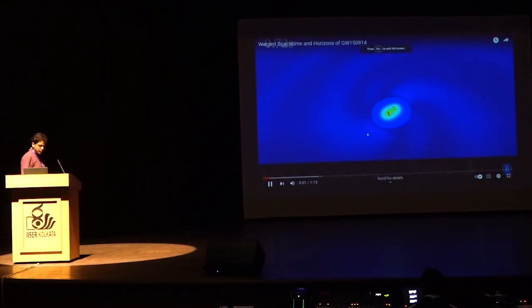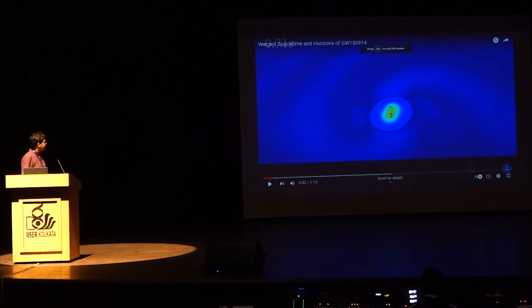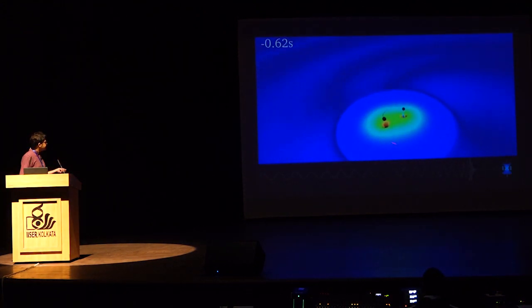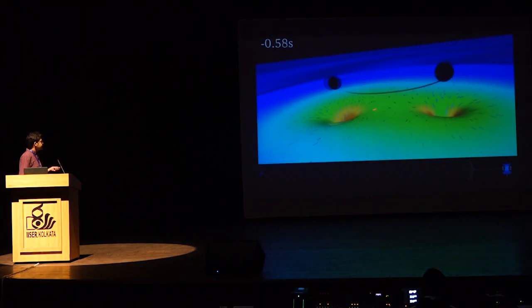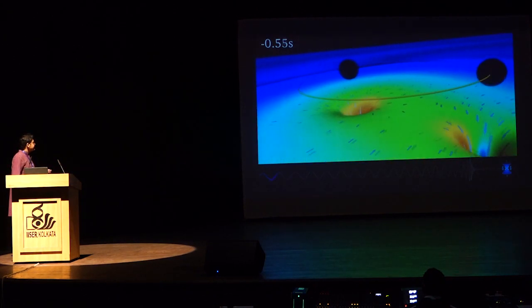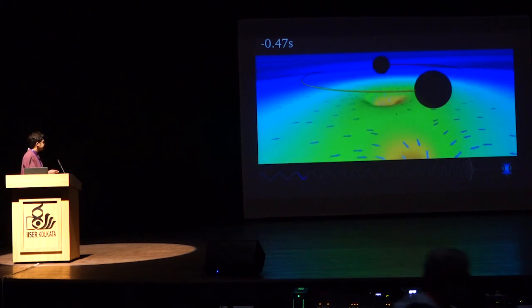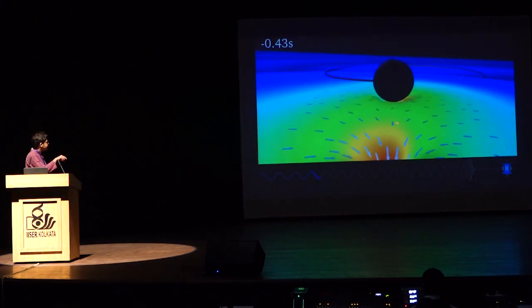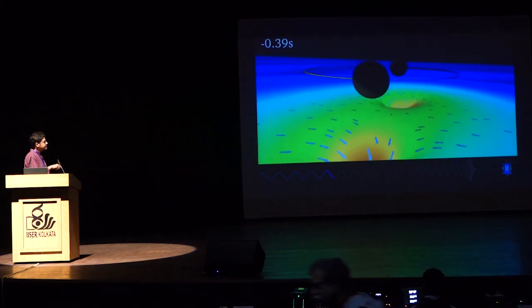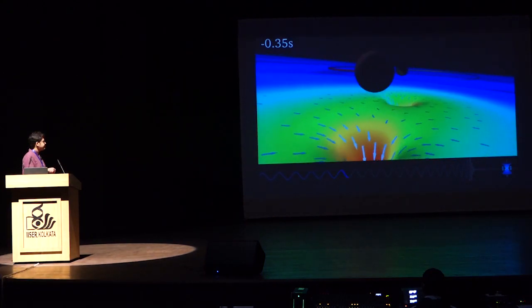Right, so what is shown here is the inspiral of two black holes. In the outer region, the colors show the gravitational waves being emitted. In the inner region, the color shows the time dilation, red being more. And this plane, of course, is the orbital plane of the binary. And the height of the plane here gives the amount of spatial curvature that we have.